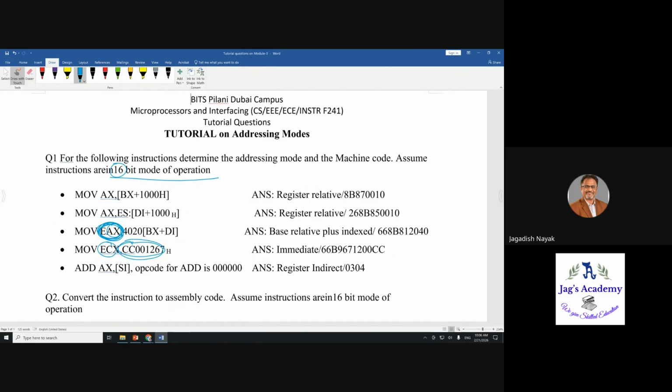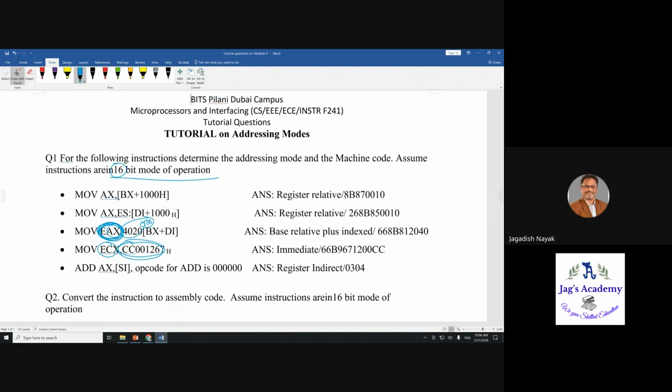Okay. Suppose now you have 40200, is it not that you are adding a number which is more than 16 bit? Yes or no? Suppose you have 40200100, suppose this is the number.